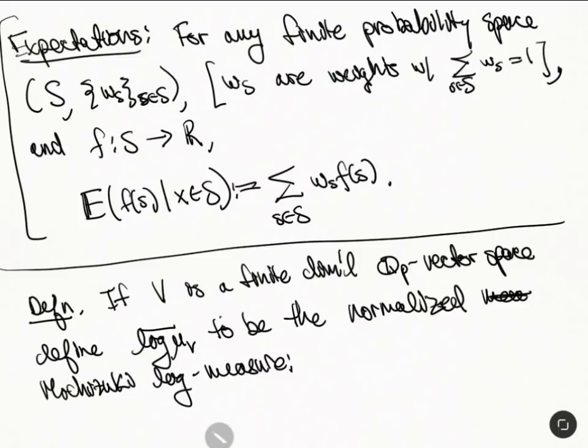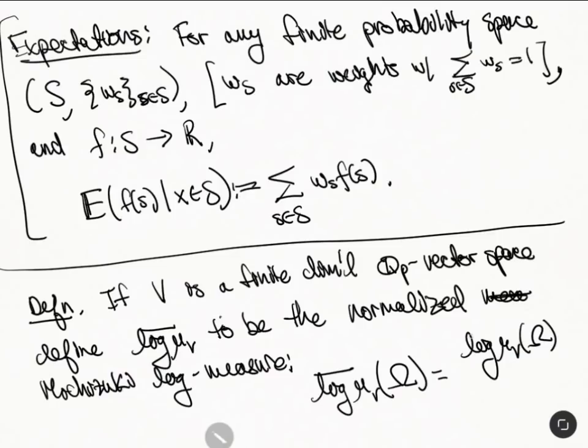So what we'll do is we'll take log mu v bar of a region to be equal to log mu v of omega, where mu v is the Haar measure on this Qp vector space as a topological vector space, divided by the dimension of V as a Qp vector space.